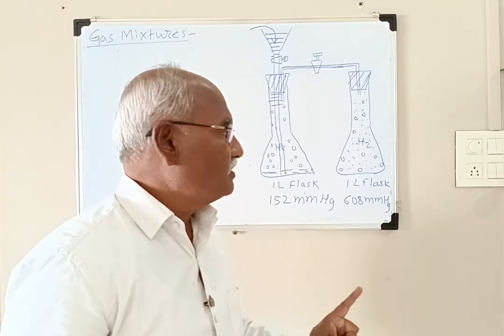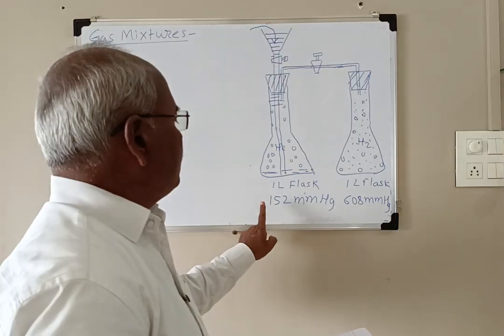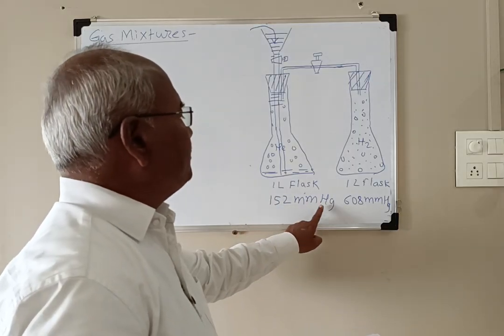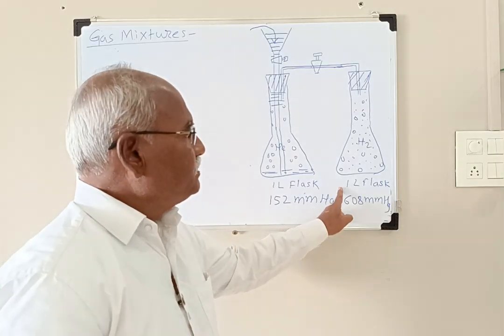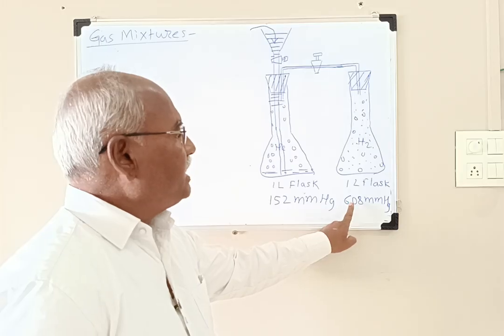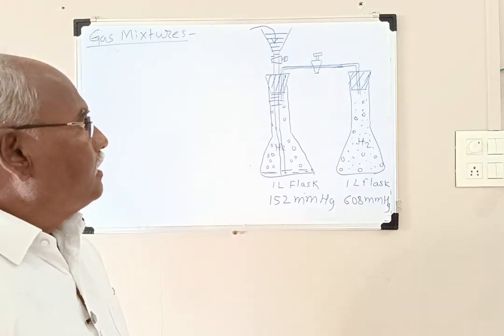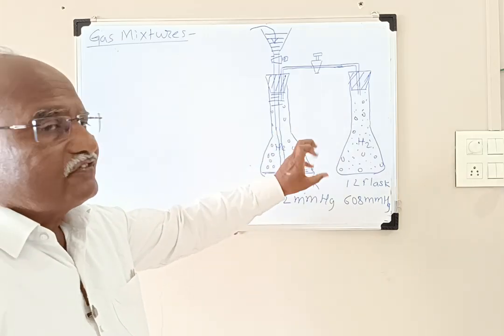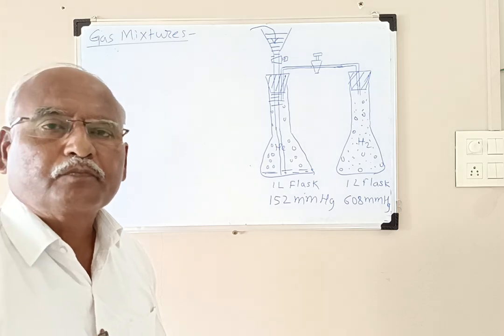In one flask, helium is filled at 152 mmHg in a 1 liter flask. In another 1 liter flask, hydrogen is filled at 608 mmHg. Both the gases are mixed.